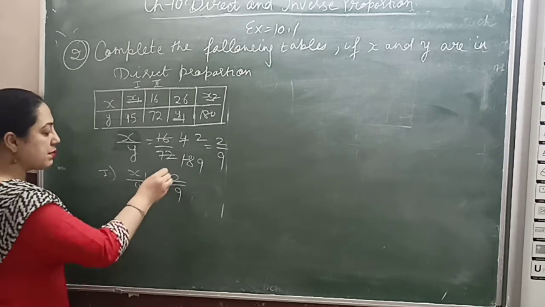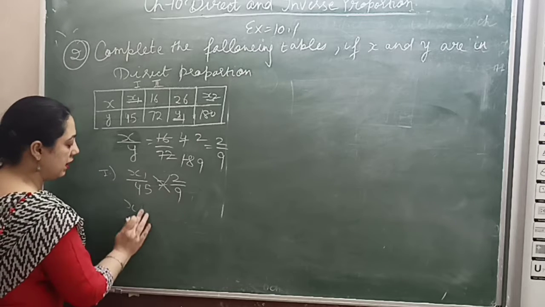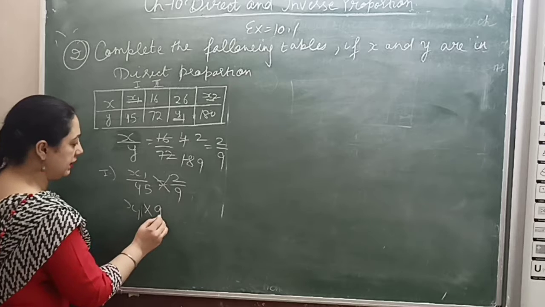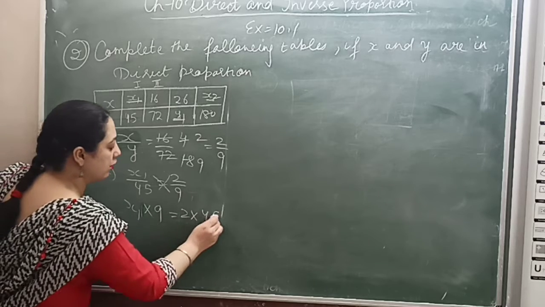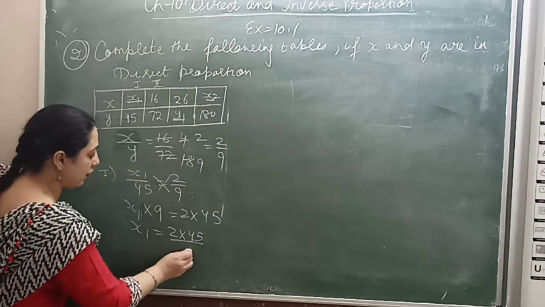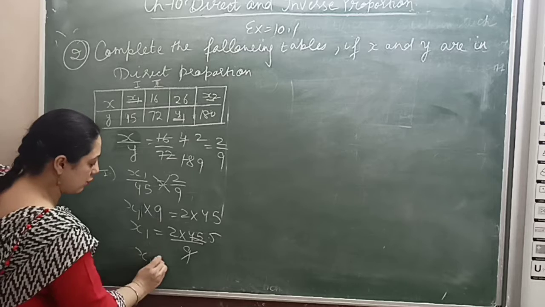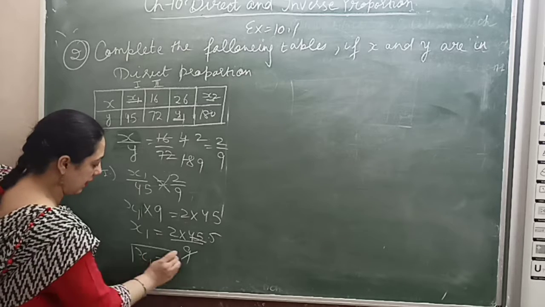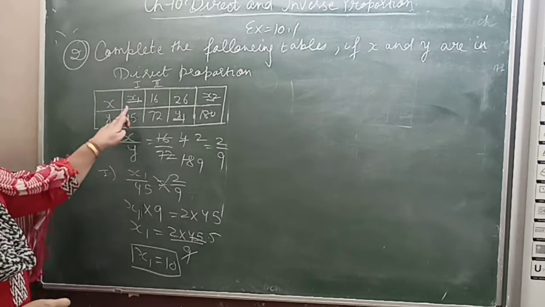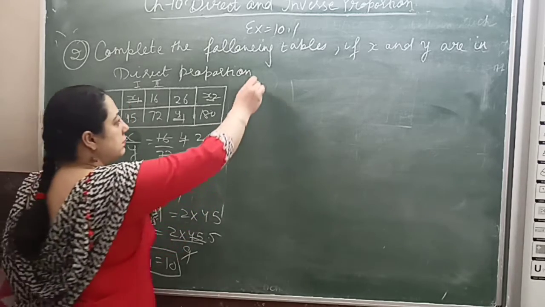By cross multiplying, we will find the value of x1. x1 into 9 equals 2 into 45. So x1 is 2 into 45 over 9. 9 fives are 45, so x1 is 2 fives, which are 10. So beta, the first missing value in this table, x1, is 10.